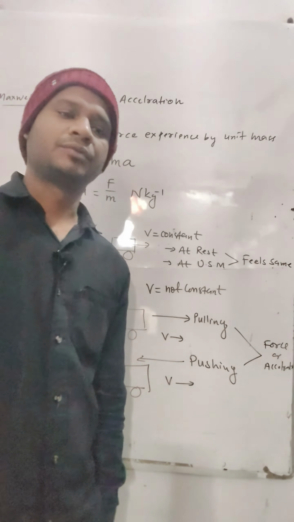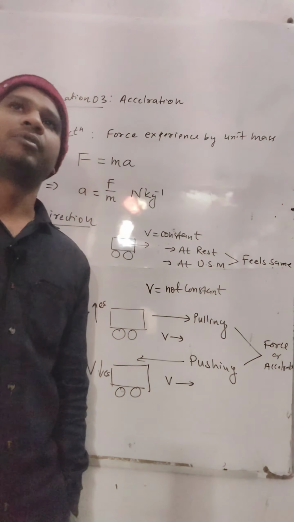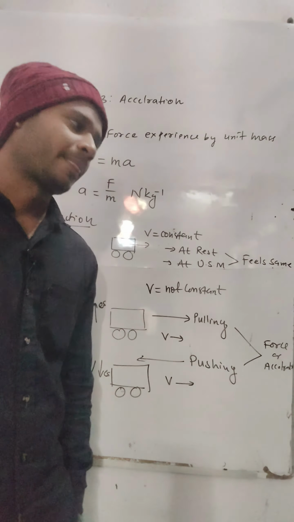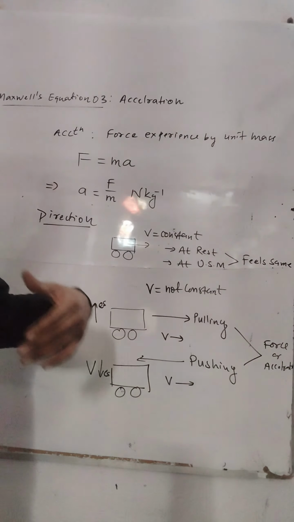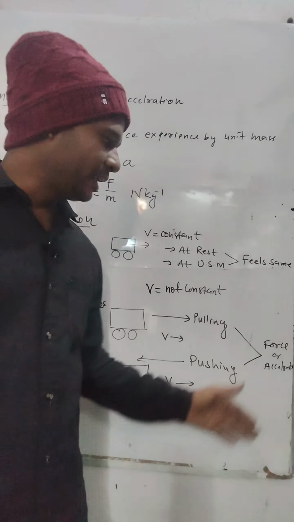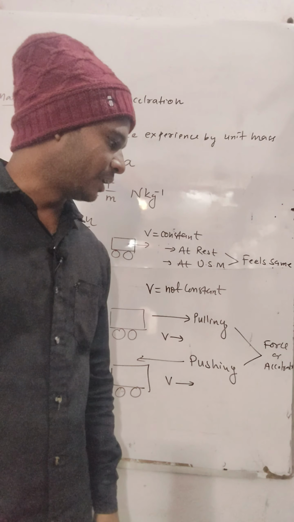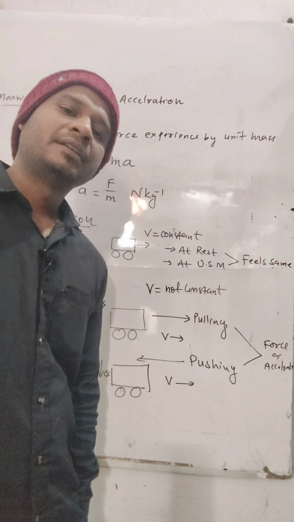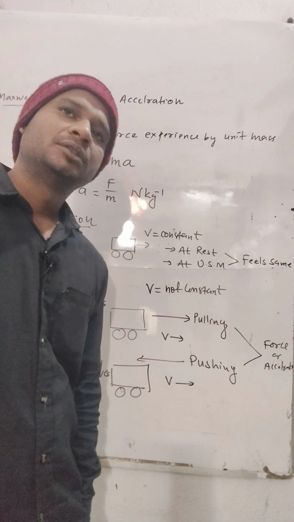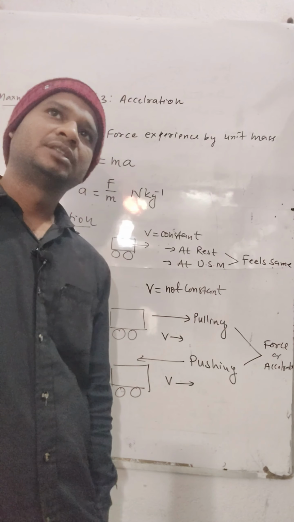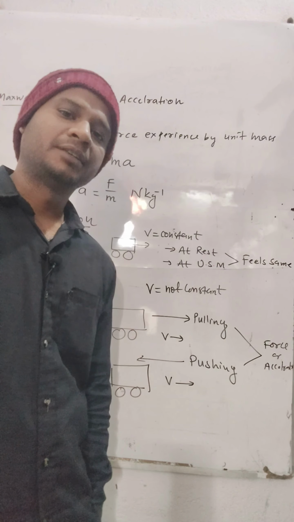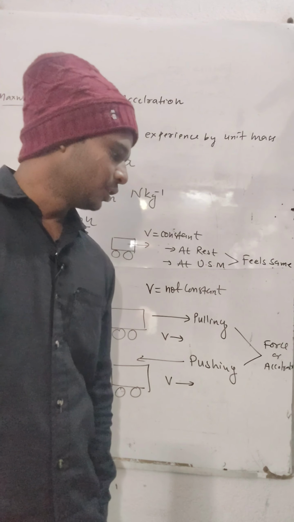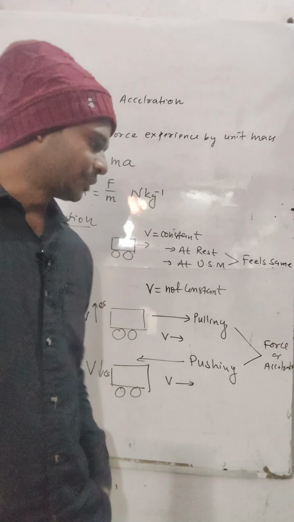But whenever the lift starts going upward, you feel something. That feeling is the feeling of force or acceleration. Similarly, when the elevator just starts going downward, you would experience a force in the downward direction.